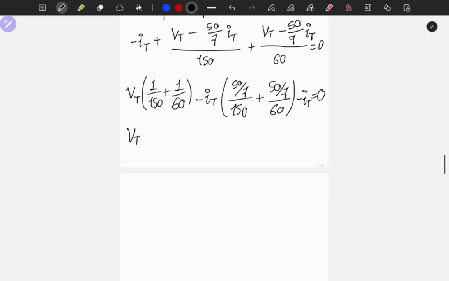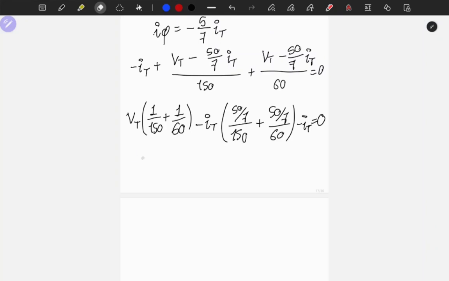So at last we get VT over IT. This is equal to 1 over 150 plus 1 over 60. So ultimately we get VT over IT.